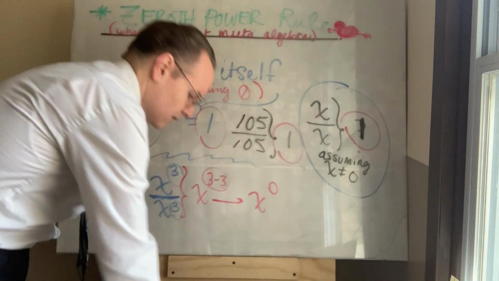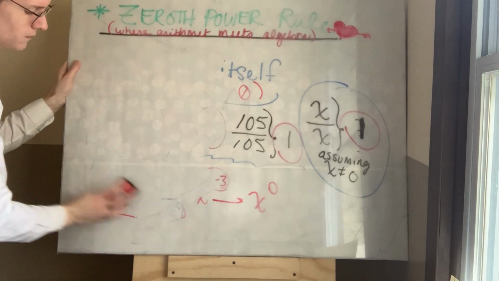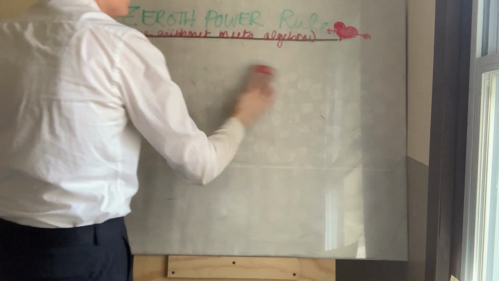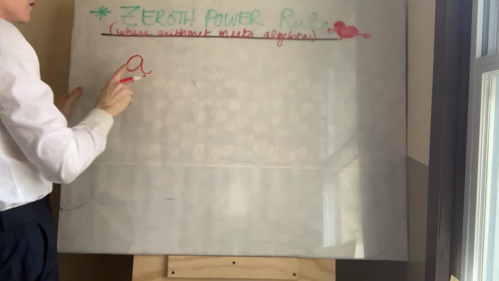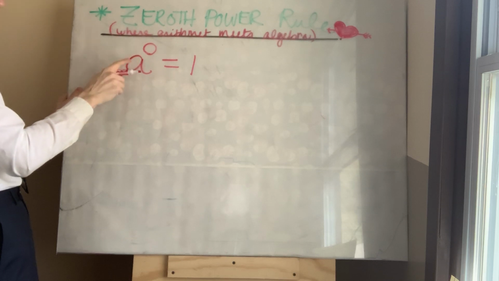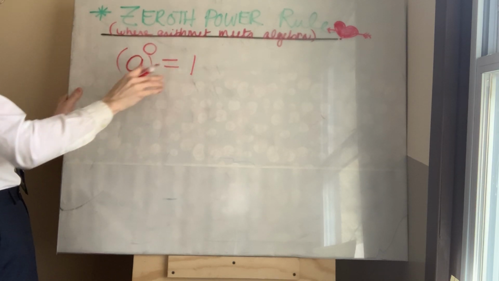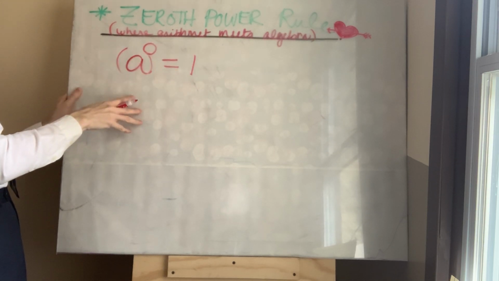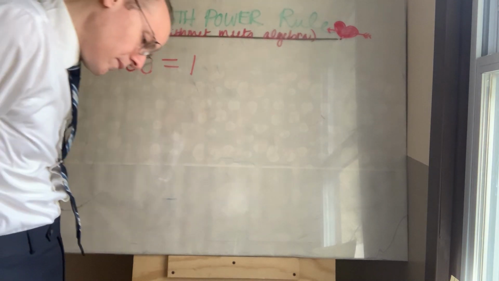It defies logic. Anyhow, think of it as such: almost anything to the 0 is equal to 1. So if you see a negative number here, if it's grouped like that, to the 0, it's 1. If you see a positive number here, to the 0, it's 1.